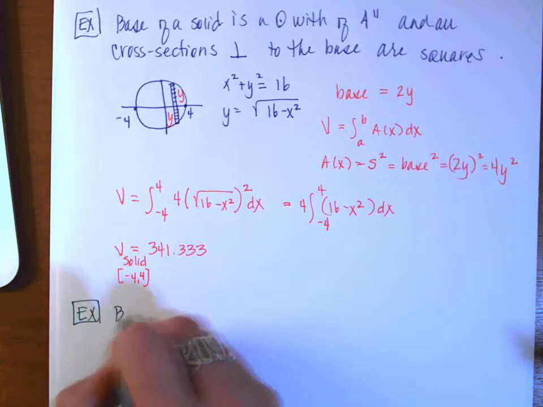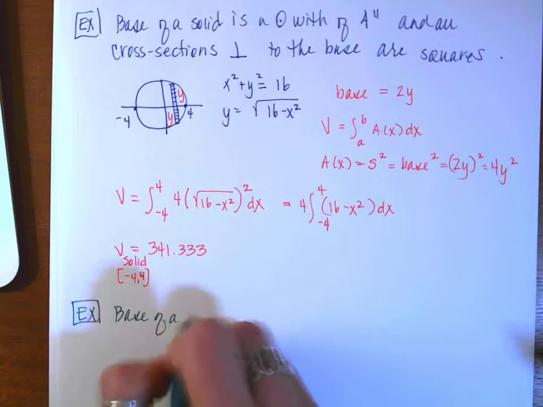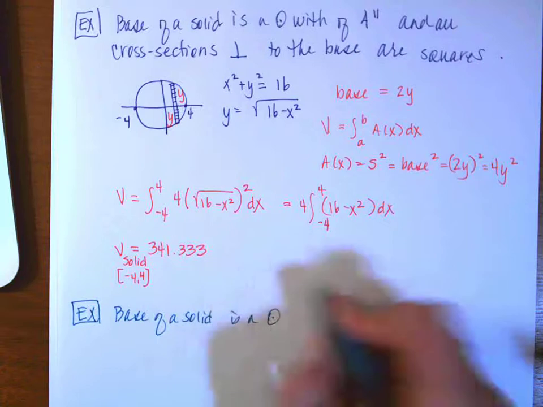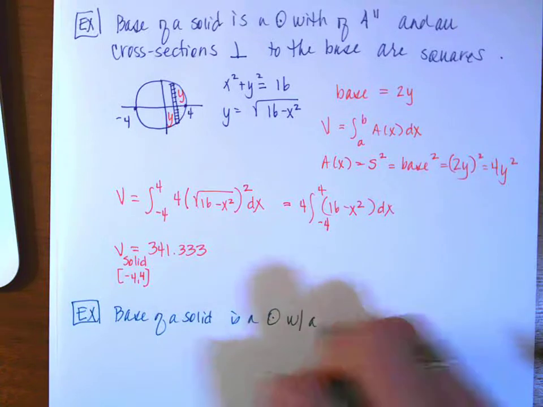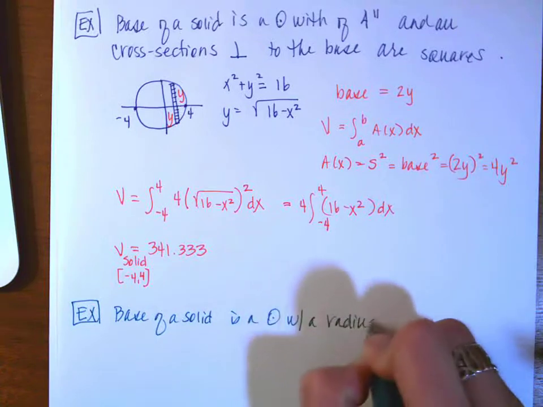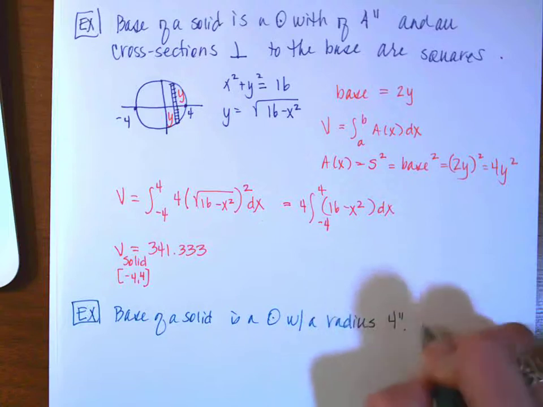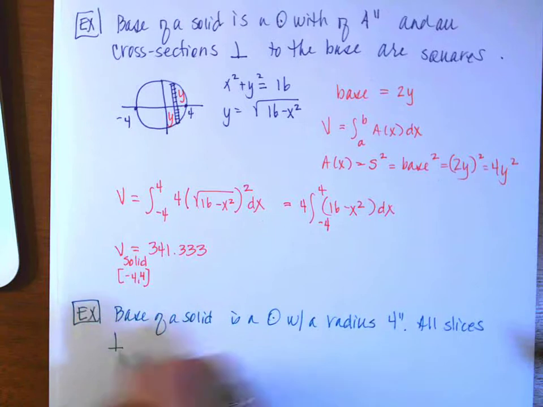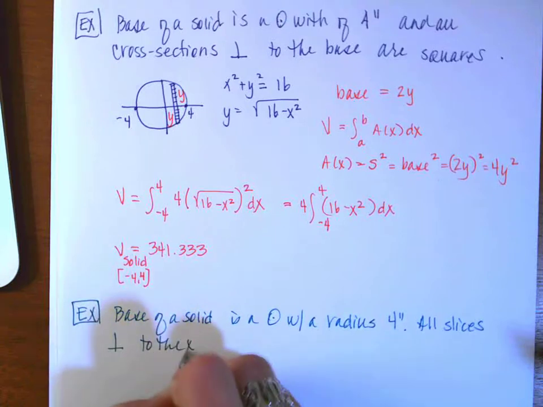All right, I have one last example for us, and we're going to do another equilateral triangle just because we can. So the base of a solid is a circle with a radius of 4 inches. Kind of like this poor little circle.